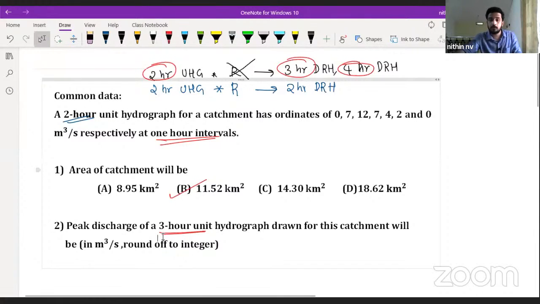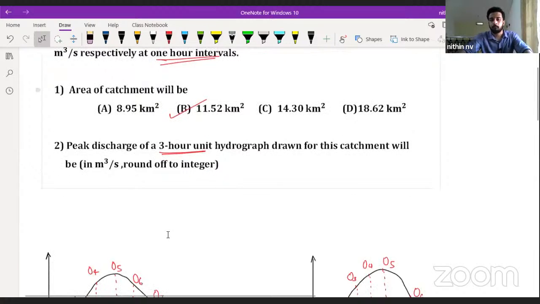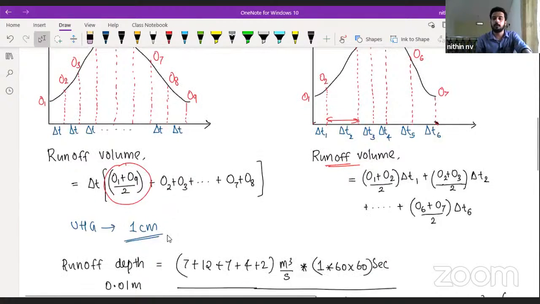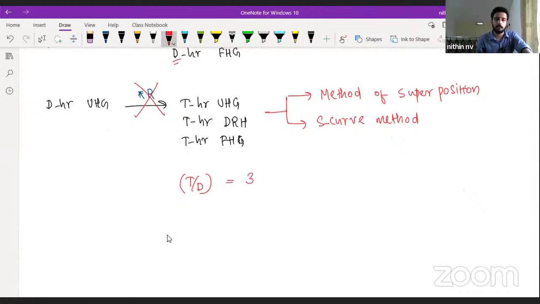So T is 3 hour, and what we have is 2 hour. 3 by 2, not 2 by 3, 3 by 2. What we want divided by what we have in the question. Is it clear, Srikanth? It's not 2 by 3, it's 3 by 2.